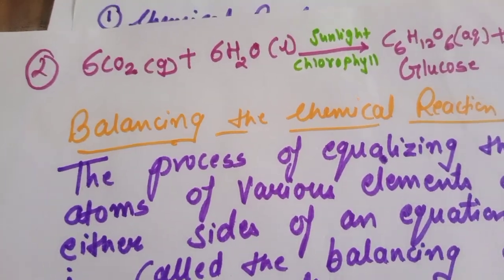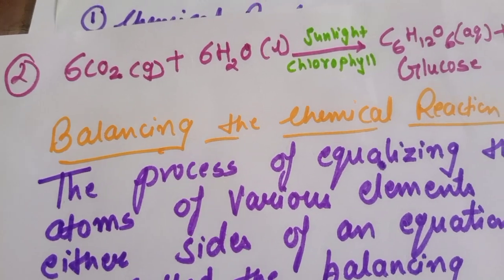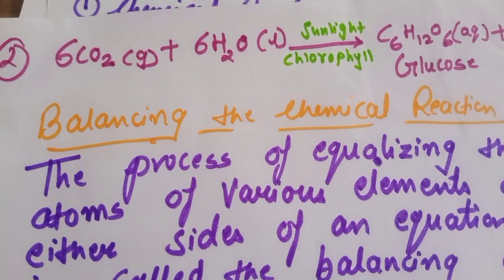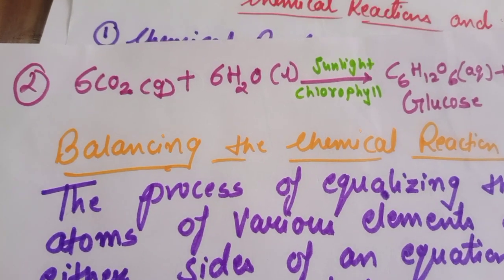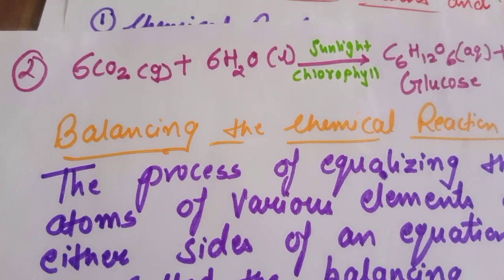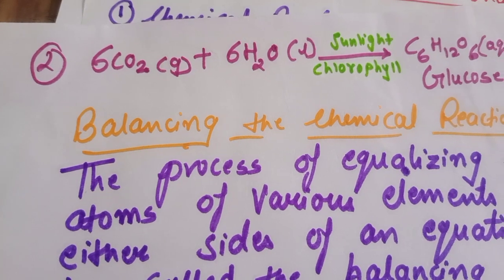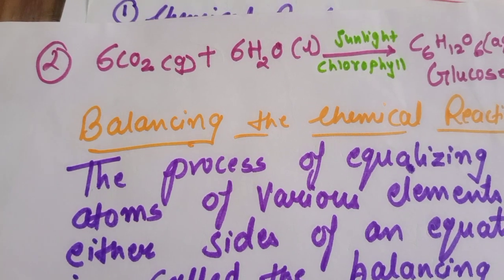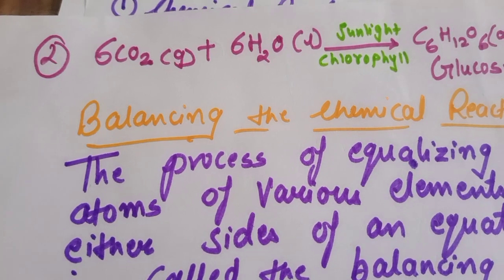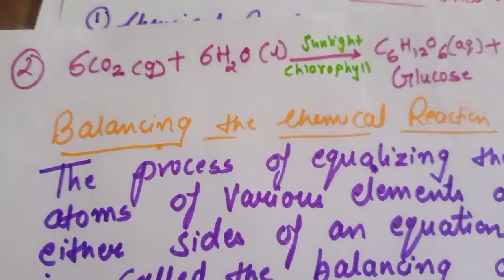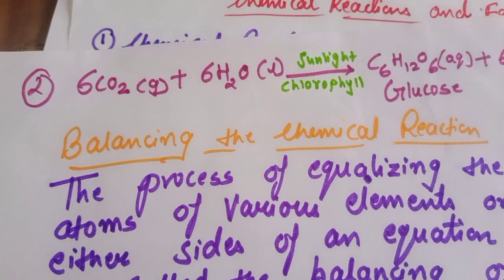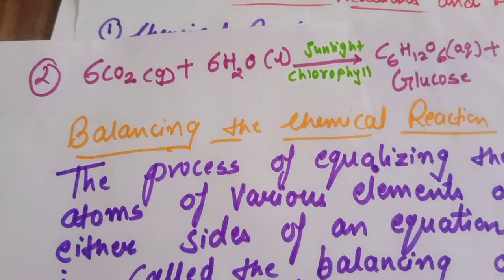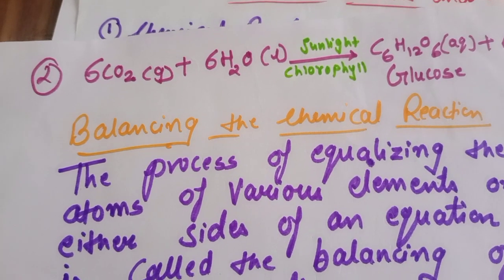And of course, in the brackets we have written the states, whether it is in gaseous state, liquid state, or aqueous state. So please remember, an arrow sign is put between the reactants and the products, and above the arrow you have to write the necessary conditions at which the reaction takes place.